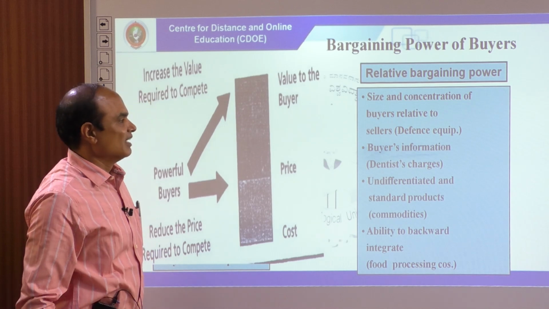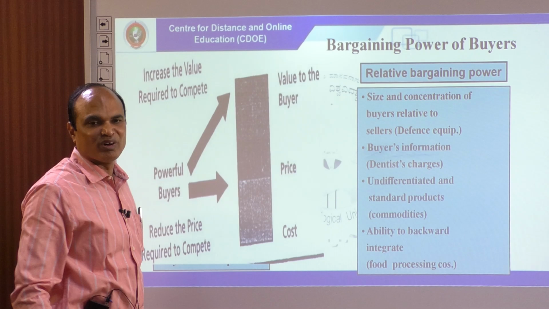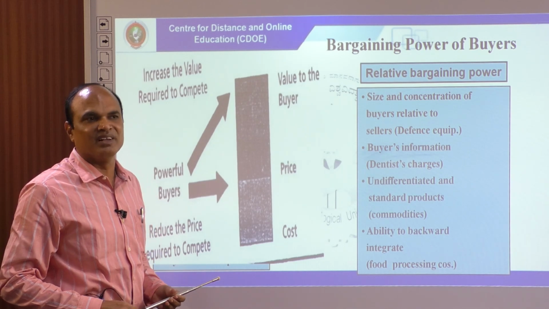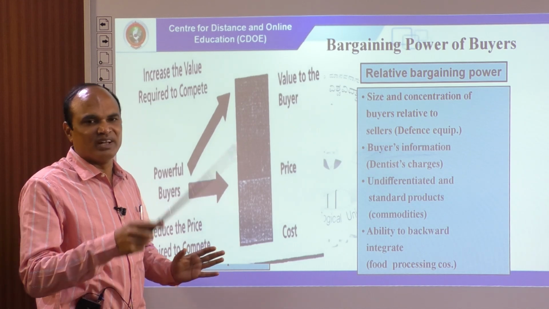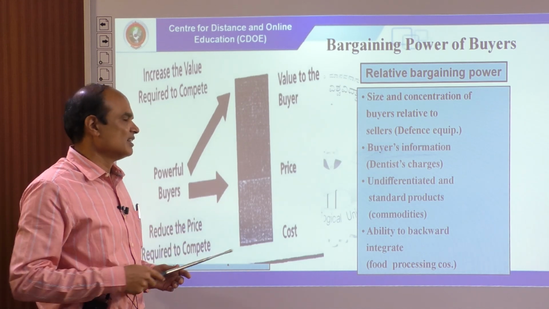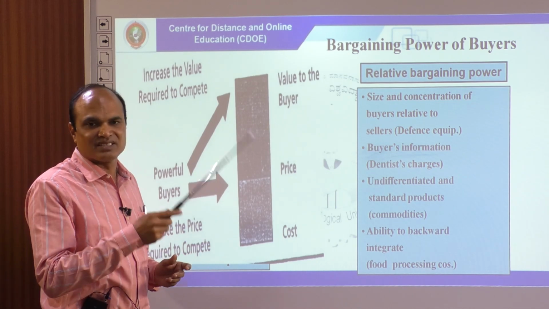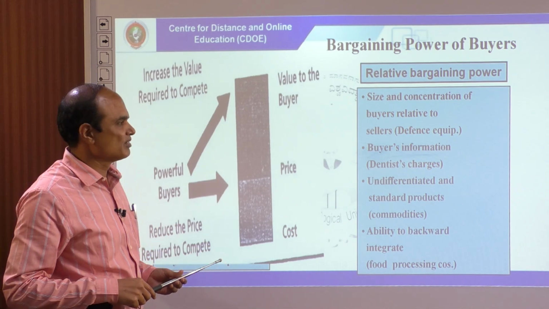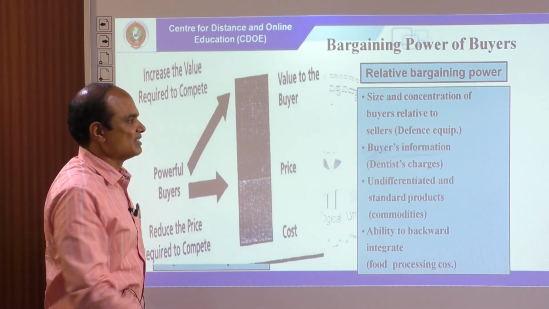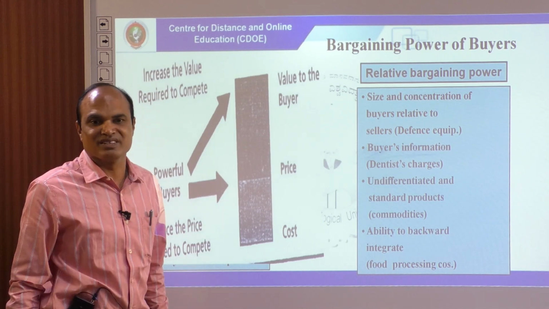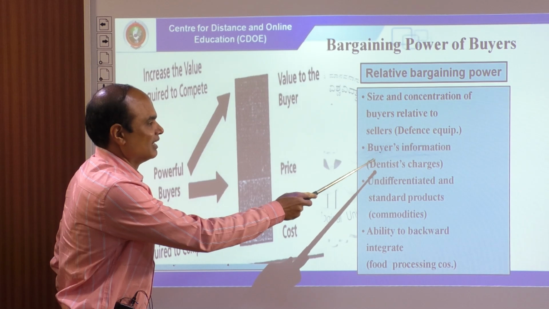Then the second one is buyer's information, like dentist charges. Normally when we visit a hospital, the government has now made it mandatory to exhibit the list of charges that a doctor or clinic offers for a particular kind of service. In some cases the buyer will have the information, and in some cases the doctor will tell, depending upon the problem the patient has.